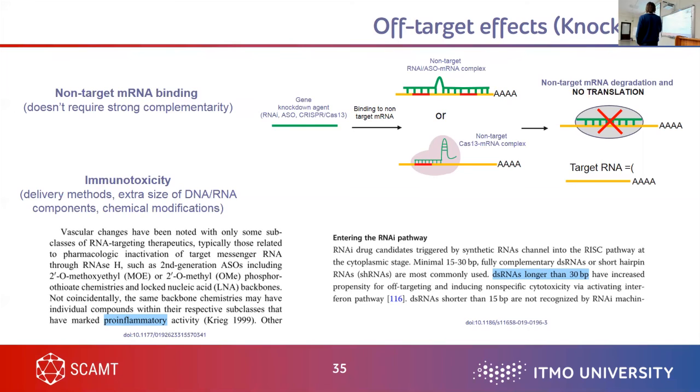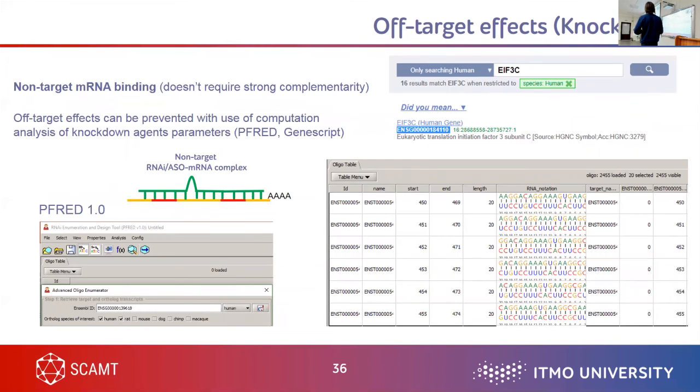So to avoid non-target binding, we can also use bioinformatics software. It's PFRED 1.0. Here we can upload our information about the gene we want to silence. So this is a database where we can insert the gene, and there will be an ID of the gene.